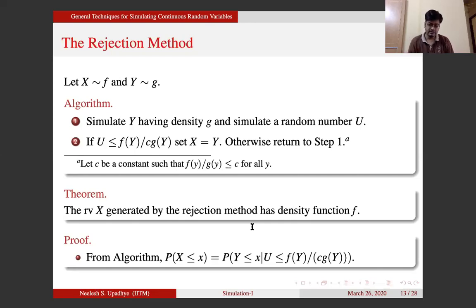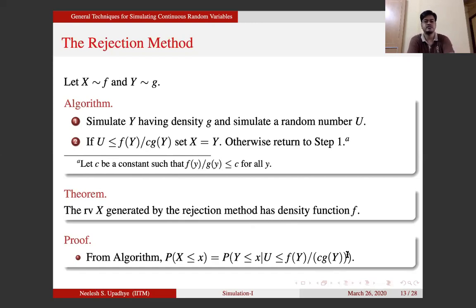At the same time, the iteration should be accepted, so the if condition in step 2 should be valid. Essentially, it is a conditional probability of Y less than or equal to x, given that u is less than or equal to f(y) upon c g(y).